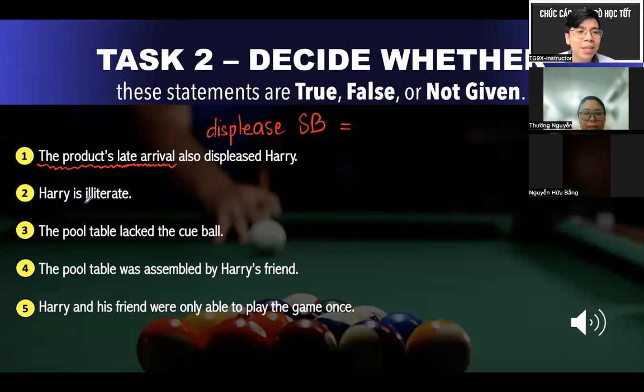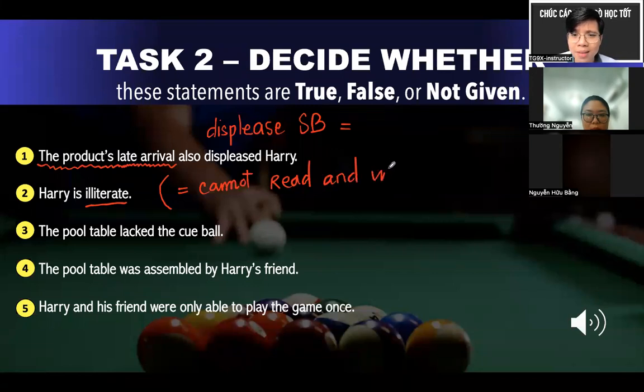Number 2, illiterate. What does it mean? Can't read or write. Why? Because you are blind, or because your eye has some problems, or what? Why? I think cannot write because he can read but not write.